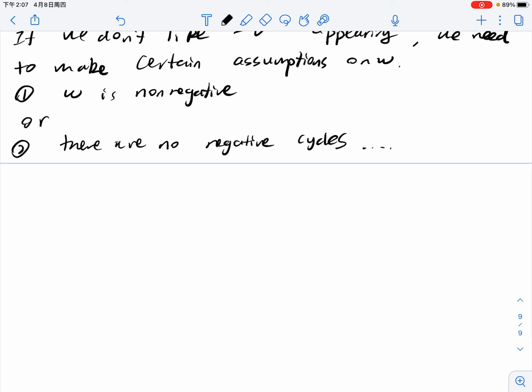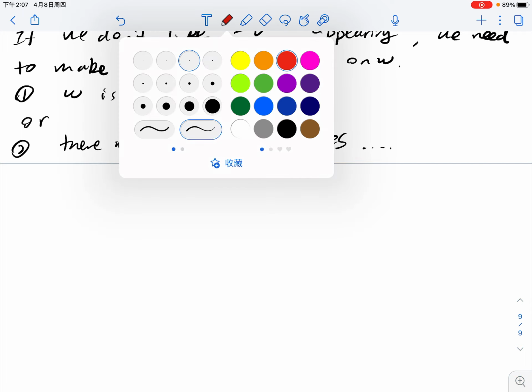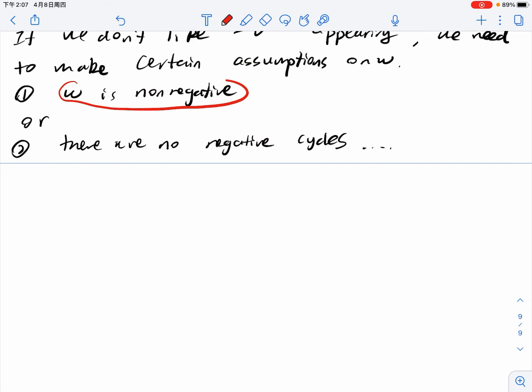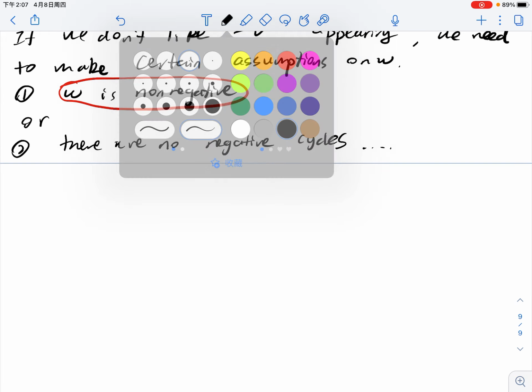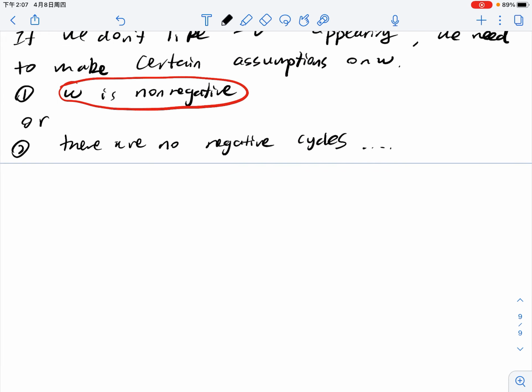And for simplicity, in the following, we will consider the case where omega is non-negative, but you have the flexibility to allow omega to be slightly negative. This is also useful in our real problems.